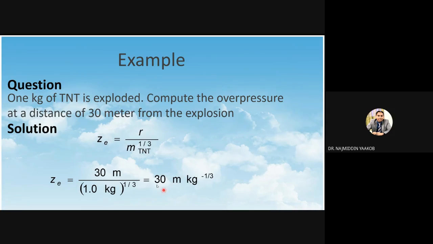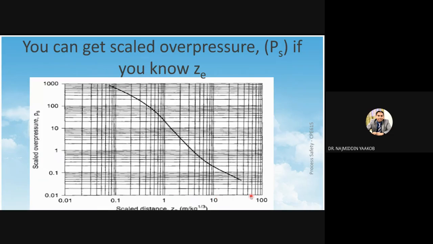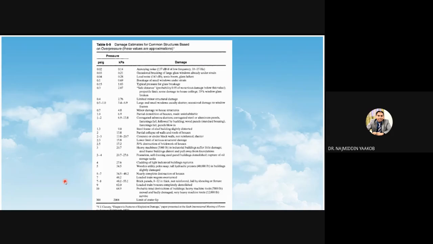You get a Z_E of 30. So by using the graph, 10, 20, 30, extend it here. So it will go somewhere over here. The value is here, something like 0.05.